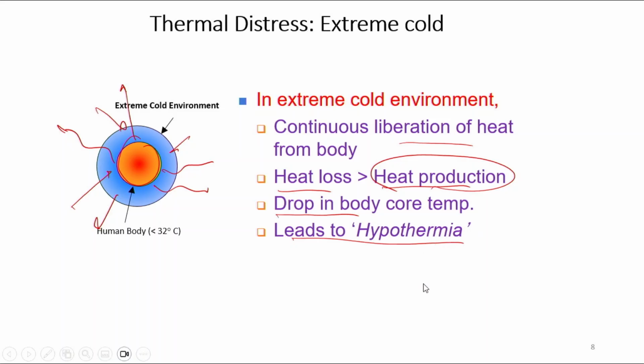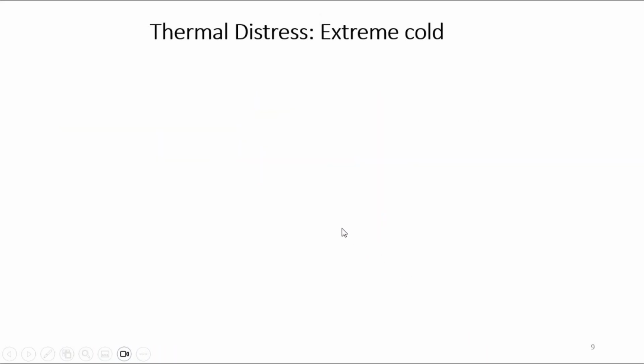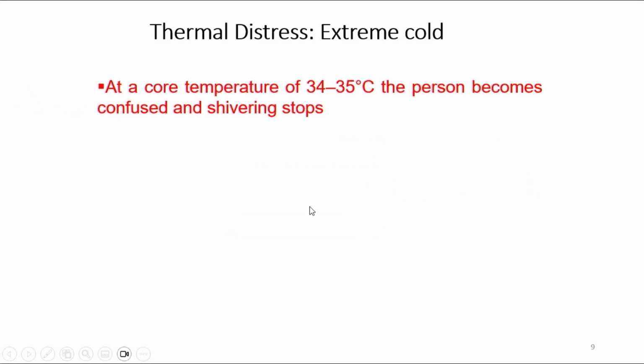Now, what are these thermal distress conditions? Different types of conditions will happen depending on the drop in body core temperature. As we release the body core heat, the core temperature should typically be around 36 to 37 degree Celsius.